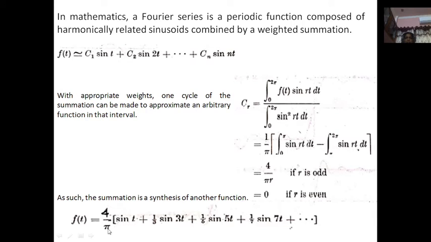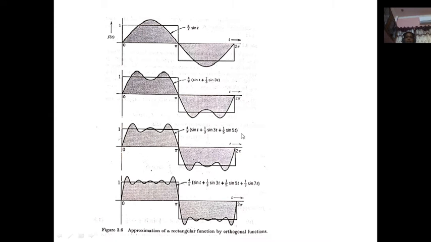If you consider only a single sinusoidal function, the error is going to be more. If you consider two functions, the error is somewhat reduced compared to the single one. Look here, this is the expected square wave, and we are going to approximate the function.